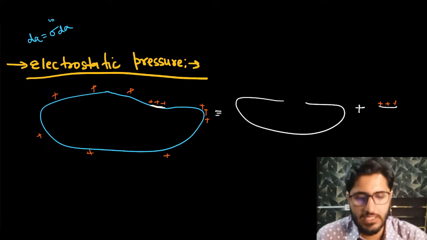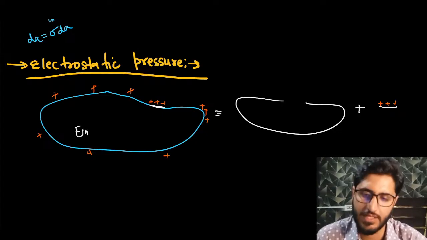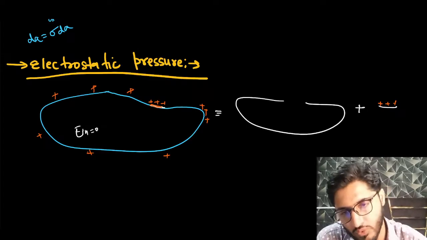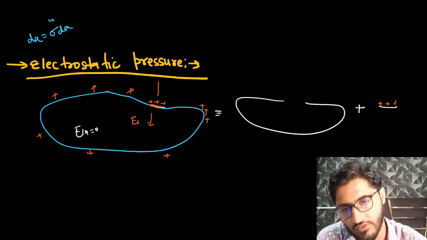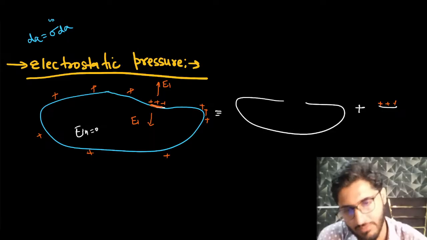Look now. Due to this one, E inside is zero. We know that E inside is zero. Due to this particular portion, the electric field is E1, outside it will be E1. Due to the rest, my electric field will be in this way, E2 and E2.